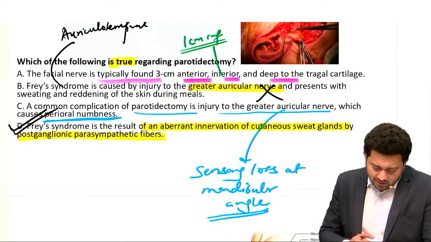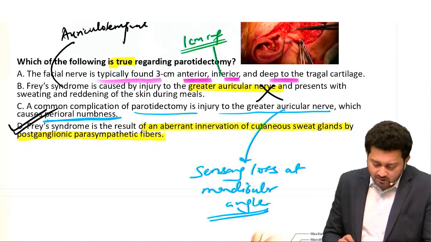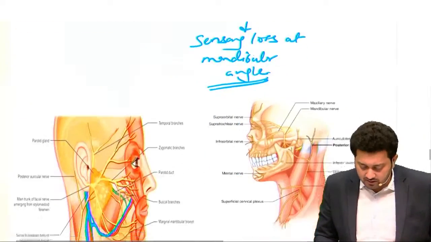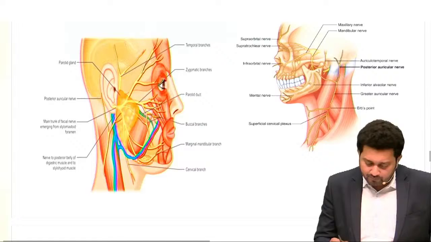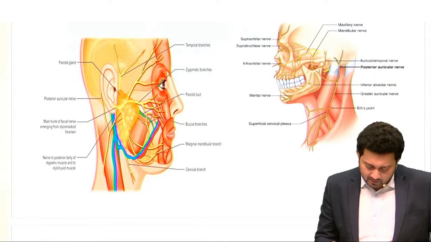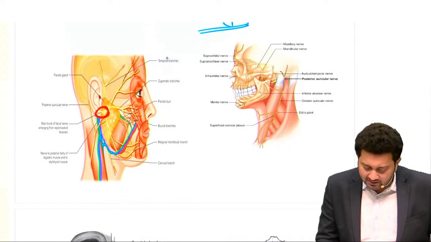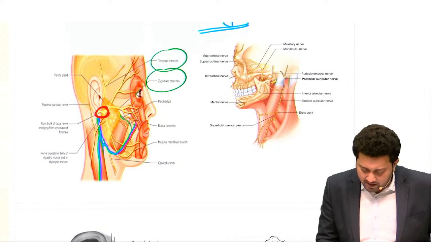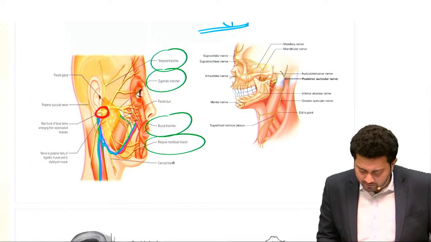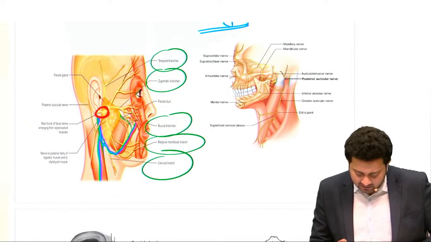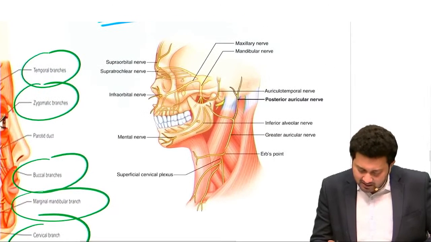Okay, see, option B is not correct because it is not the greater auricular. See, 3 nerves are at risk of injury during parotid surgery. One is the facial nerve, obviously, with all its branches: temporal, zygomatic, buccal, mandibular and cervical. This is a very important nerve which is at risk of injury. See the other nerves.